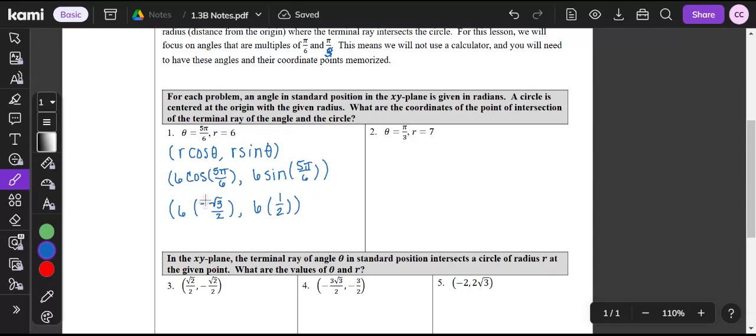Okay, now, quick review. 5 pi over 6 is in quadrant 2. That's why the x-coordinate is negative and the y-coordinate is positive. All right, when I simplify to get my final answer, 6 divided by 2 is 3. So this is negative 3 root 3, comma, and then 6 times 1/2, that's 3. So this is my coordinate point.